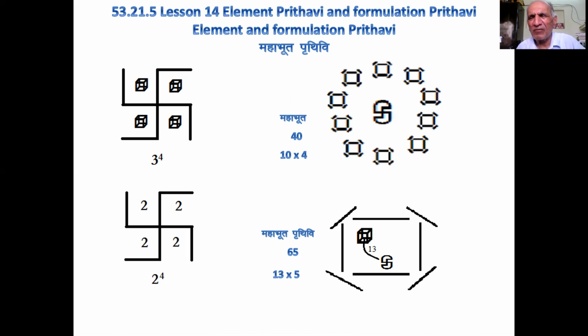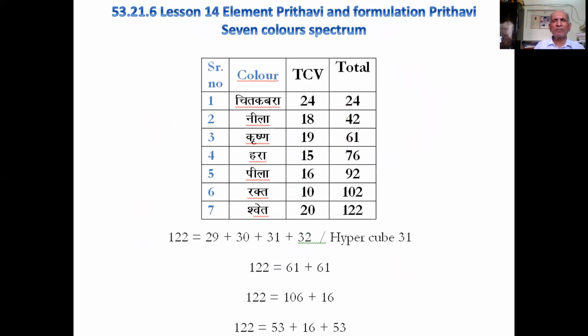Value 40 is parallel with 40 coordinates of the creative boundary of 10 components of 5 space, while 65 is the value of 13 as the cube having coordination with 5 space origin. Therefore, sadhakas fulfilled with the intensity of urge to be parallel with Vedic systems and Vedic formulations shall sit comfortably and have a chase of the formulation Prithvi.